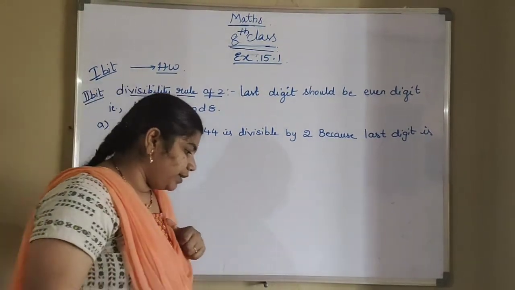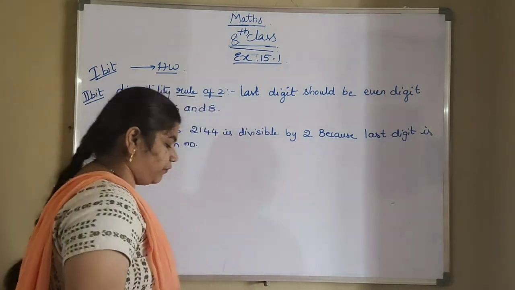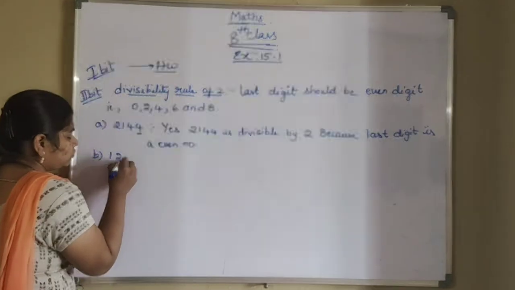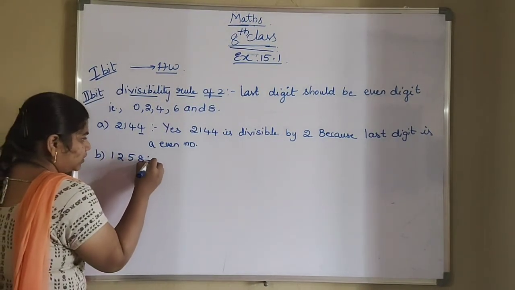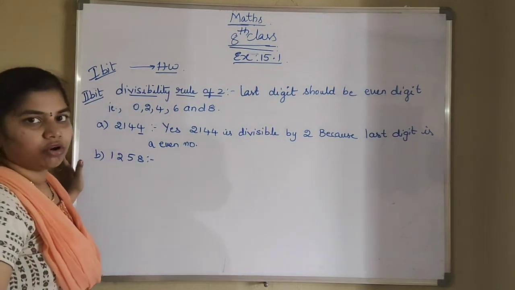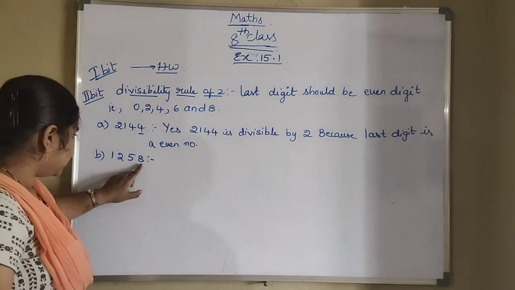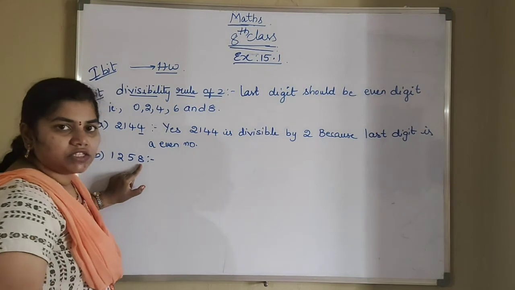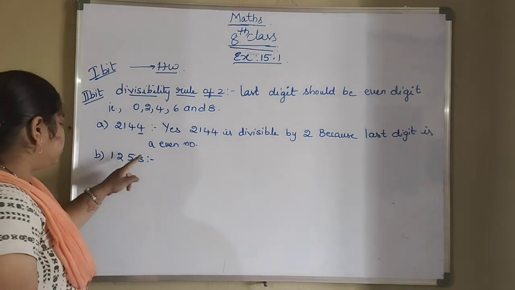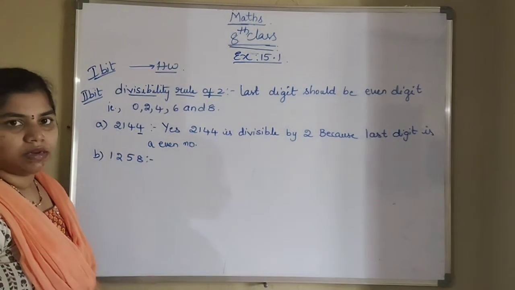Okay, so next one, B bit we are seeing. So what is a B bit? 1258. So whether this number is also divisible by 2 or not, we have to check. So what is the last digit? 8. So 8 is also an even digit. So the whole number will also be divisible by 2.